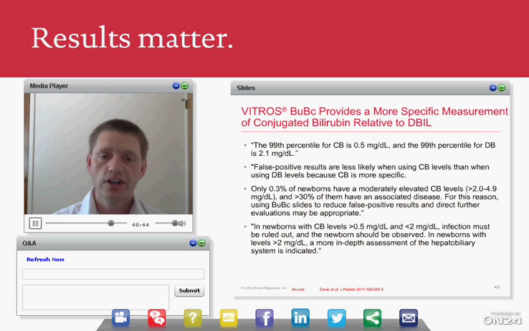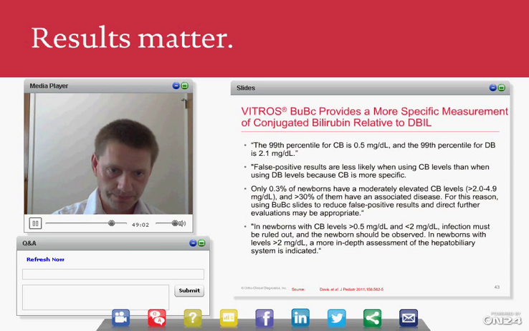Now, in the study, what they were really looking at was whether or not the BBC assay, because it provides a more specific measurement, actually is more clinically predictive of biliary/liver issues.